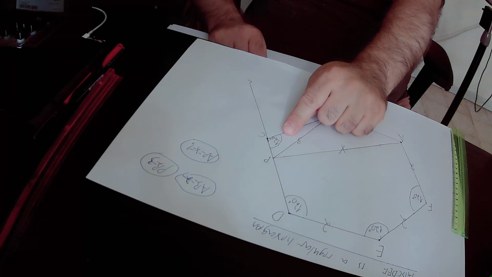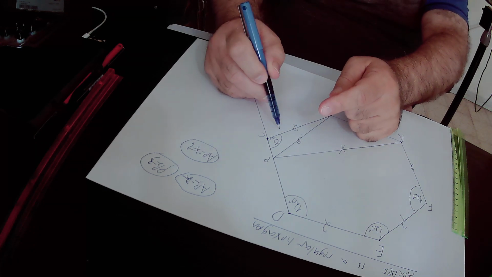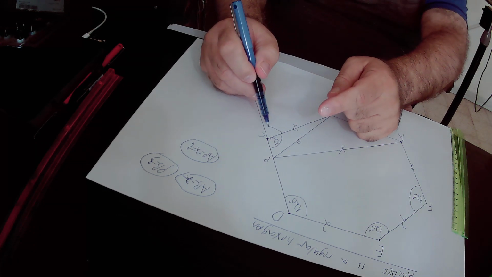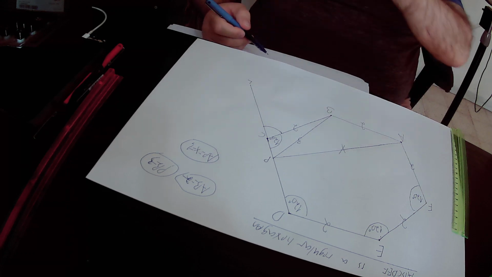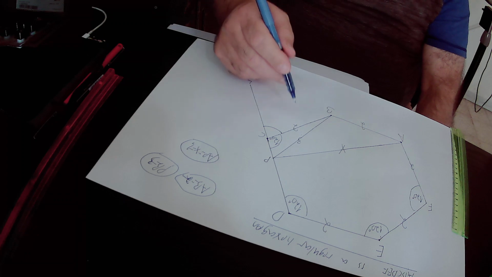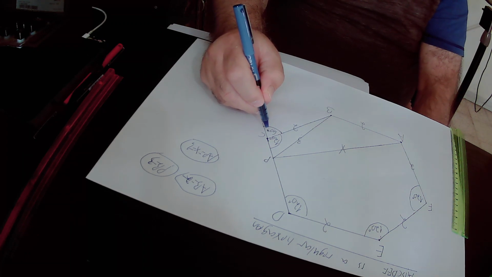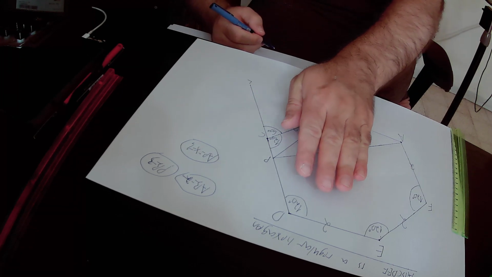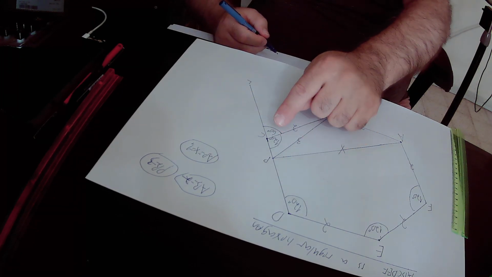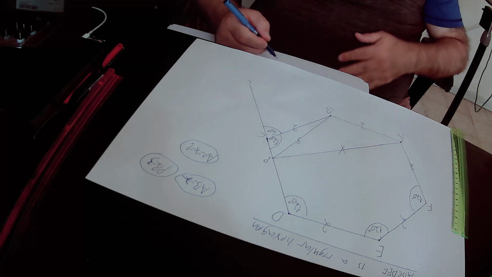We have this angle that is equal to 120 degrees plus the missing angle here. In total, the sum of those two angles must be equal to 180 degrees. Therefore, the missing angle must be equal to 60 degrees.